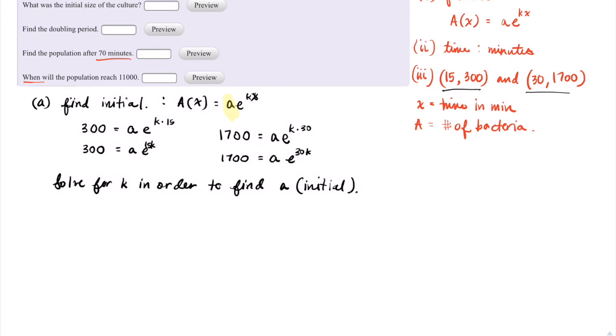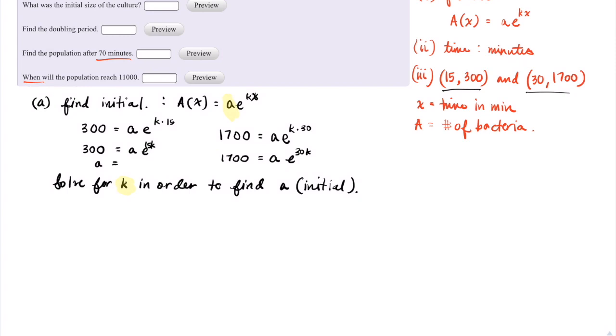We can find k easily because k is going to be, in this case, the growth rate. And the growth rate would come from solving these two for a. We could set these equal to each other and solve for k.